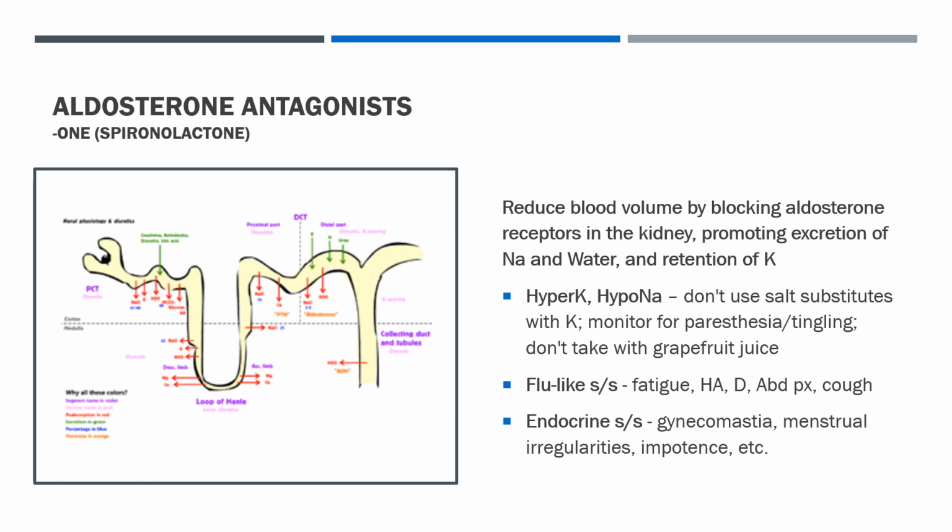Spironolactone can also cause flu-like symptoms, such as fatigue, headache, diarrhea, abdominal pain, and cough. These usually resolve over time. Endocrine effects, gynecomastia, menstrual irregularities, and impotence are also potential complications for spironolactone. These should be reported to the doctor, and the client should stop taking the medication.